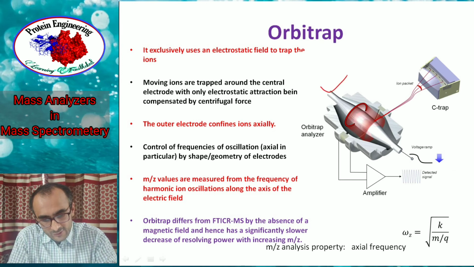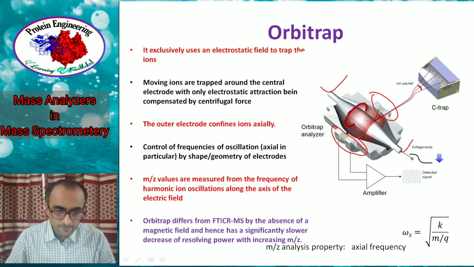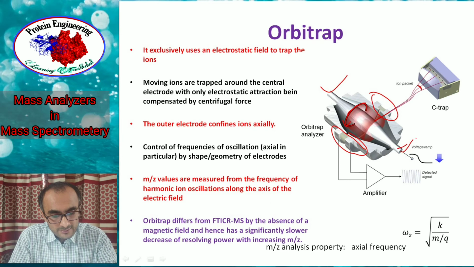The one central electrode is spindle shaped, and there are 2 cup-shaped electrodes which surround the central electrode. So when ions are injected into this cell in the Orbitrap, they start oscillating around the central electrode in a spiral way.